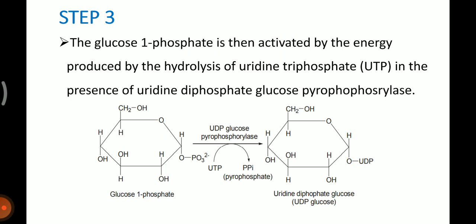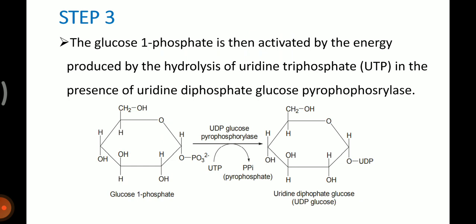In step 3, glucose 1-phosphate is activated and converted into uridine diphosphate glucose, simply called UDP glucose. Where do we obtain this UDP glucose? From the UTP molecule. The UTP molecule releases UDP and pyrophosphate.